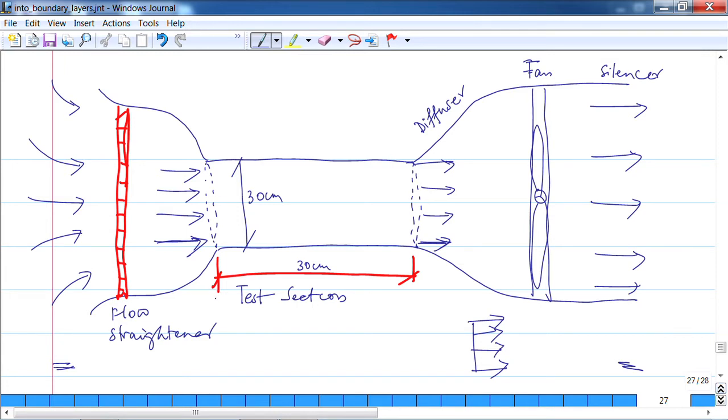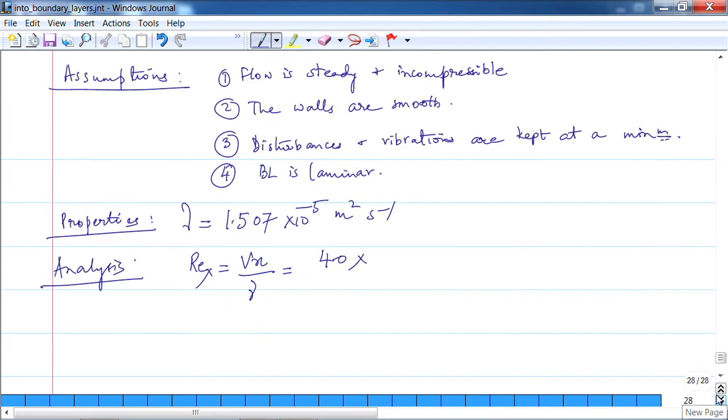Let us call this A and B. Section A is the entrance, B is the exit of the test section. I am trying to find out the Reynolds number at the end of the test section. So x basically means it is 0.3 meters.